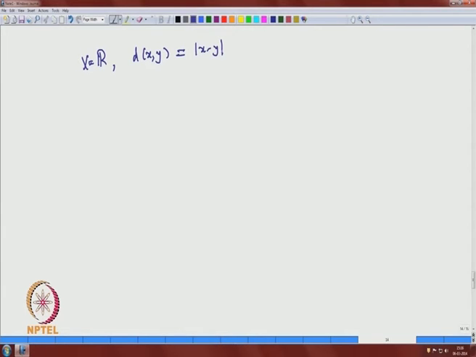And in R^n, again the standard Euclidean distance. So these are examples of metric spaces. So (X, d), where X is a non-empty set and d is a metric on X, is referred to as a metric space.